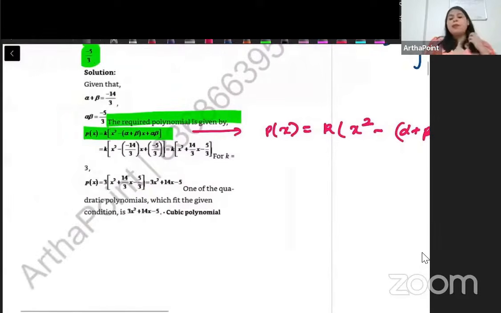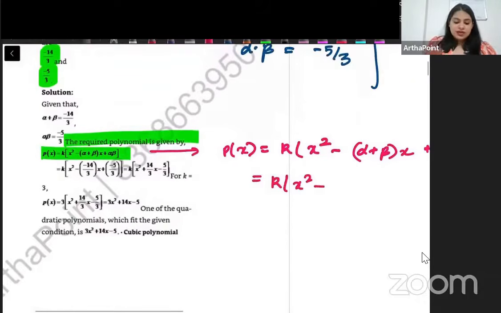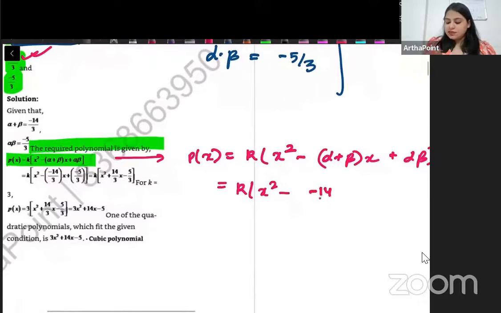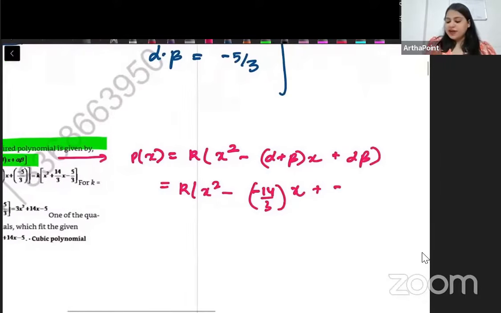Whenever you get such a question, you have to say any polynomial can be written in this format. Now alpha plus beta is given to me as minus 14 by 3, and alpha beta is given to me as minus 5 by 3.